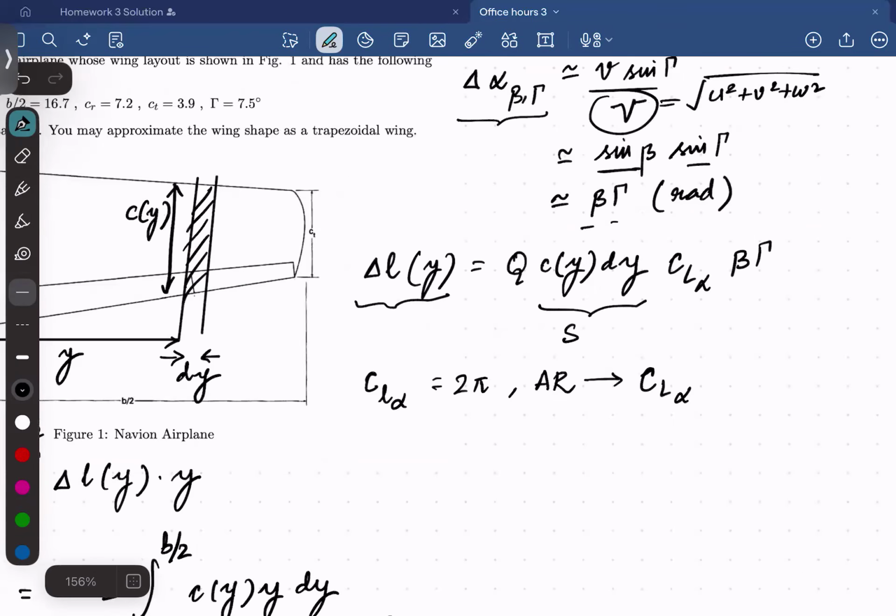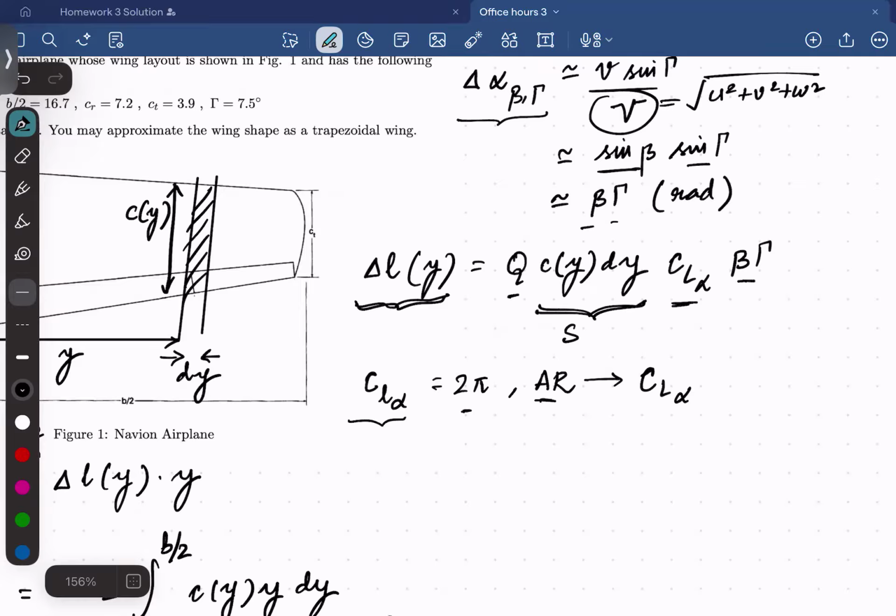So you write down the change in lift as dynamic head times the planform area times lift coefficient times beta gamma. The lift coefficient is not provided in this example. Whenever it's not provided in this problem, you can assume it's 2 pi for the 2D case.